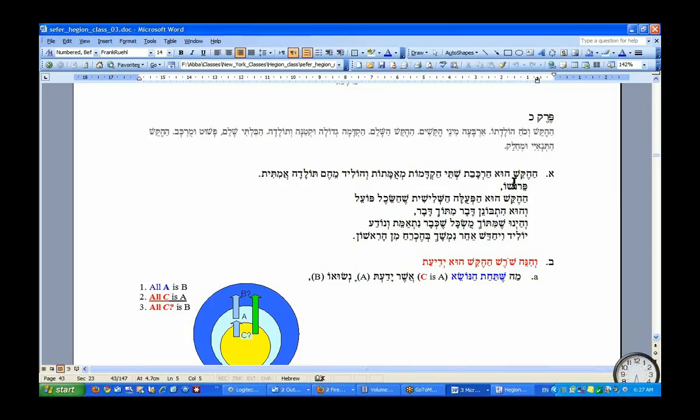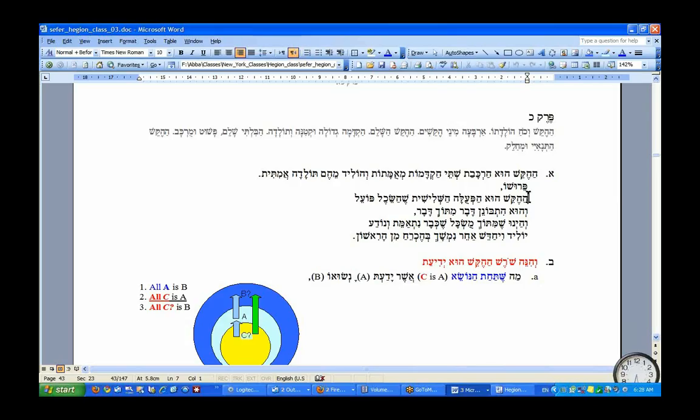Another very important point to bring out in this first line is that the two premises have to be true. So there's a need to prove both premises, and also to make sure that the conclusion is a valid conclusion from those two premises, because not every two premises will produce a valid conclusion. So those are the two requirements for a syllogism to be true: the premises are true and the conclusion follows from the premises, because it's a valid syllogism.